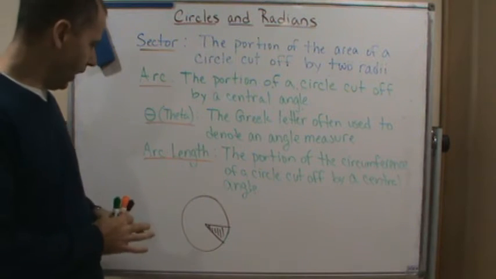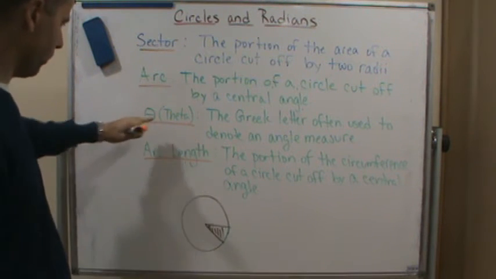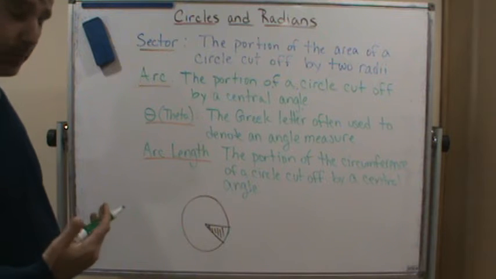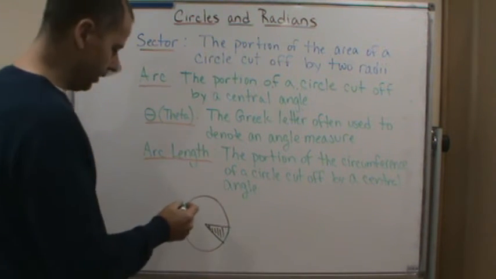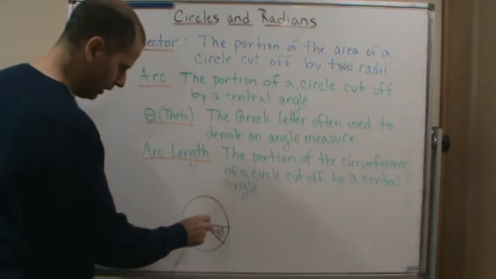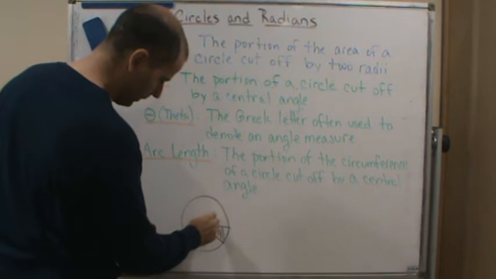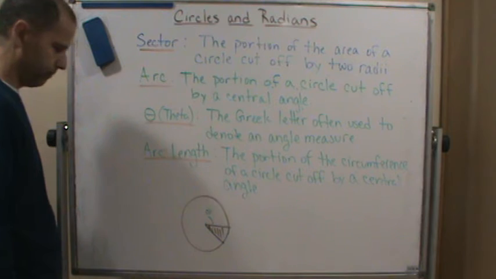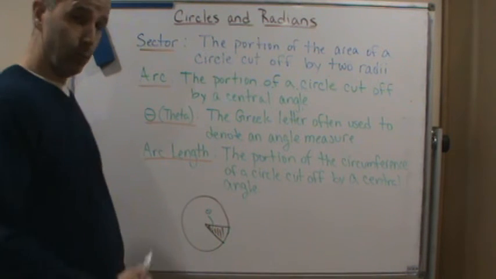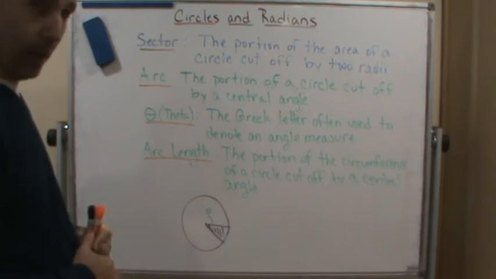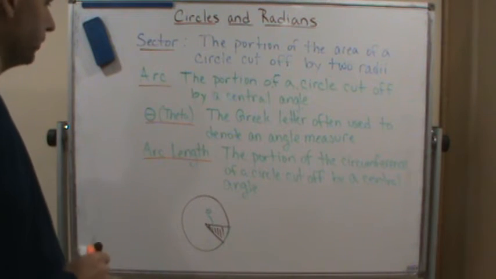Now theta is the Greek letter that's normally used to denote an angle. So we would denote this angle with theta, but we could use other symbols as well, but theta is normally used.